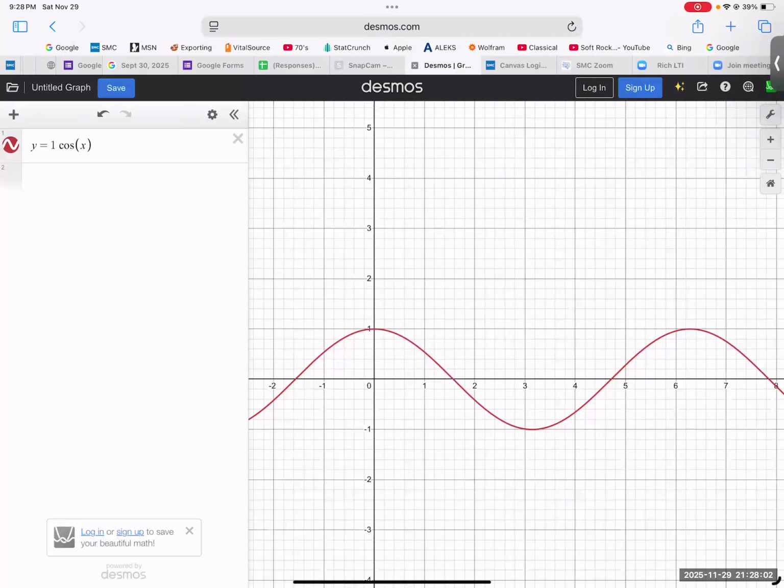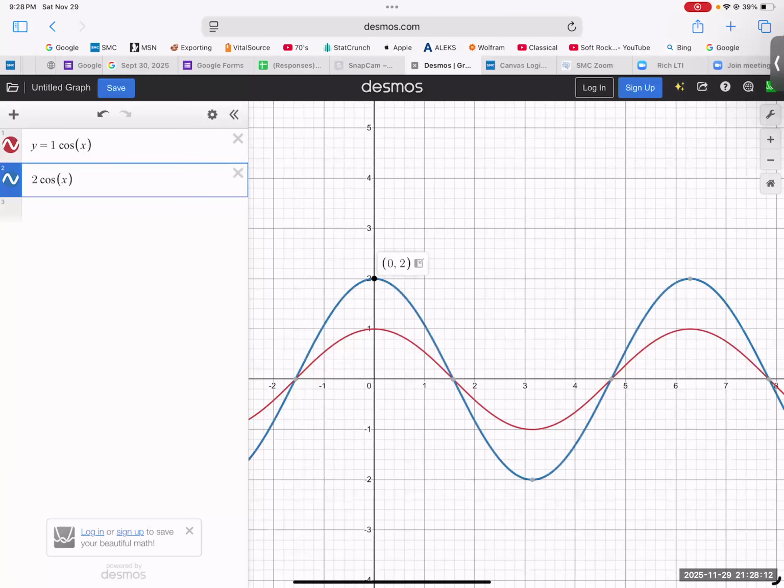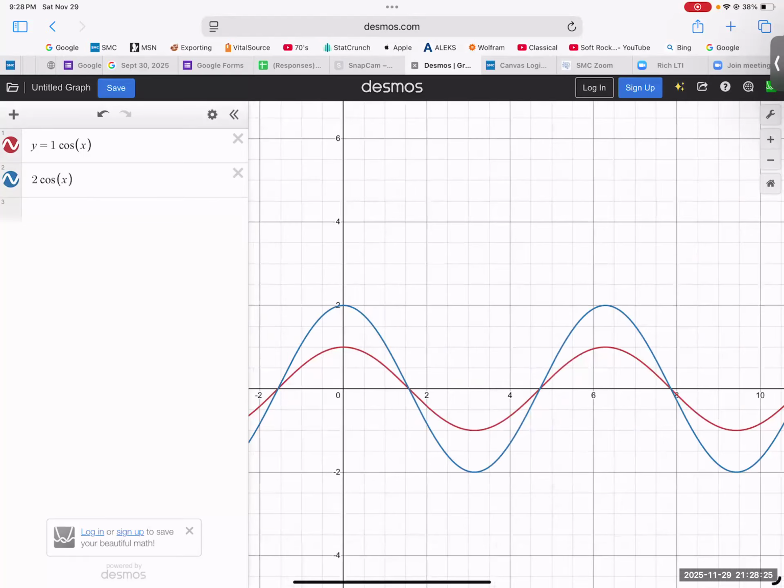Now the function g is 2 times cosine x. And you can see the maximum positive peak value is positive 2. And on the low side, the absolute least negative value is negative 2. So the range from low to high, minimum to maximum, is negative 2 to positive 2.